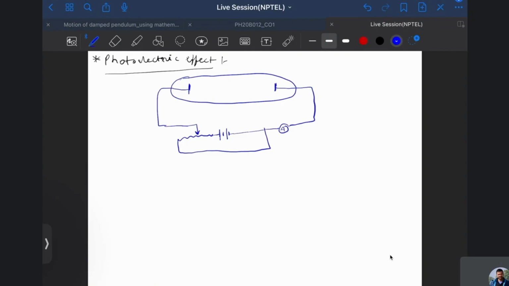Okay, so this is the experimental setup which we can do, and then we can shine light on this anode. This is the plus side anode and this is the negative side. We shine light on this anode from above, and electrons will come out like this from this metal anode.